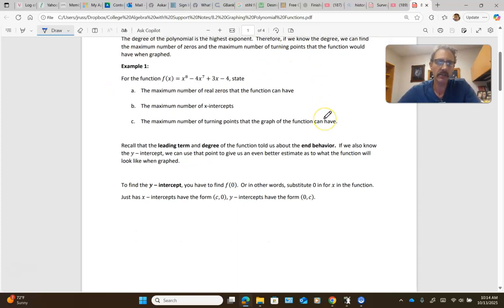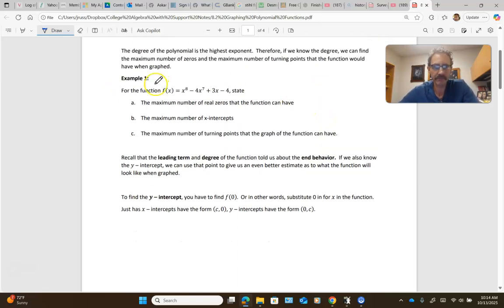So let's look at example 1 here. For this particular function, we want to state the maximum number of real zeros, the maximum number of x-intercepts, which will be the same as the maximum number of real zeros, and then the maximum number of turning points that the graph of the function could have.